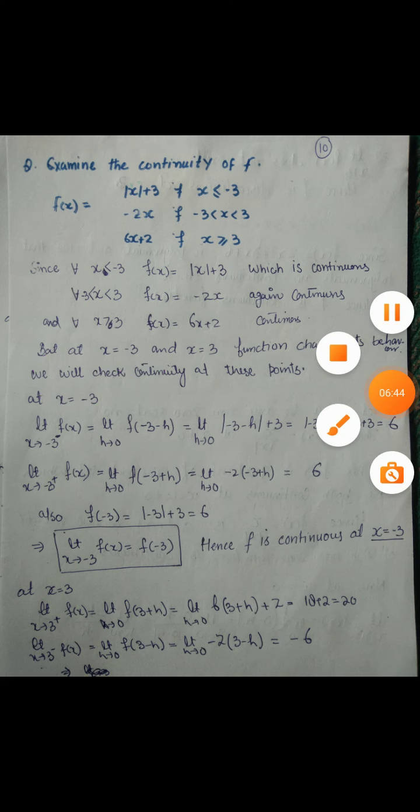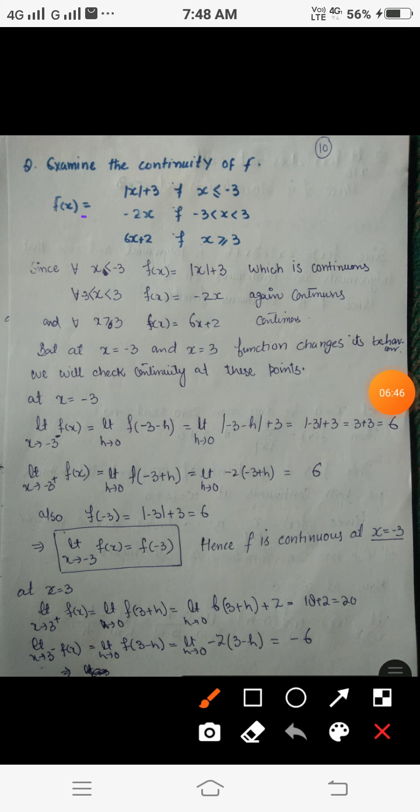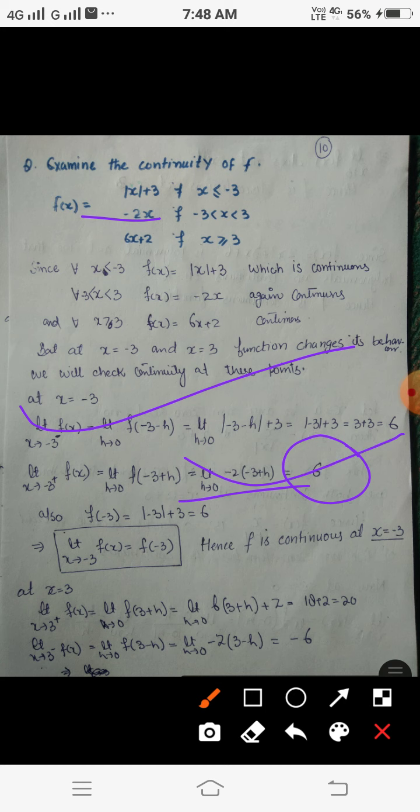So put -3 plus h in -2x, it is simply limit h tends to 0 of -2 times -3 plus h, which is -2 into -3, that is 6, which implies that the limit exists at x equals to -3, because left limit is 6, right limit is 6, so limit exists.